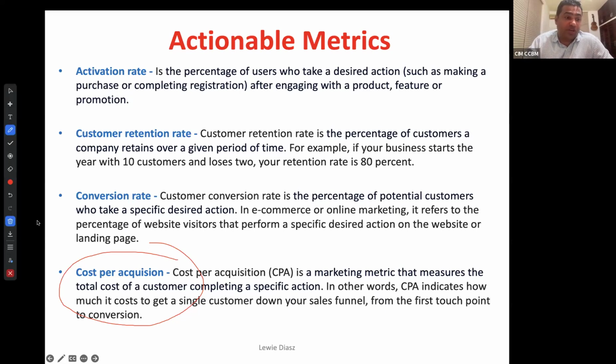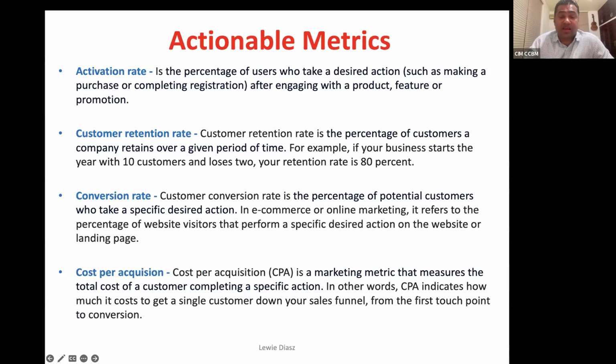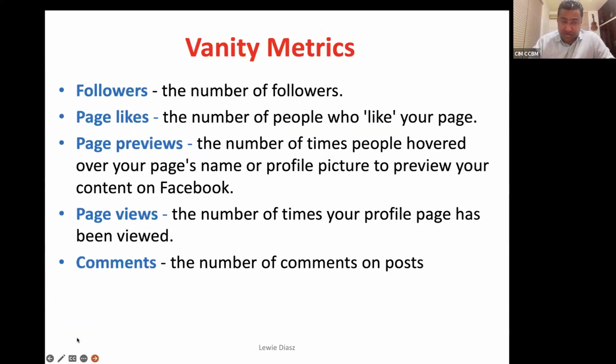If your acquisition cost per customer is very high, then your business is not doing too well. So these are some of the business actionable marketing metrics or measures. And then you have some vanity measures, digital marketing vanity measures, good to have measures from a digital standpoint. And that is the conclusion of assessment criteria 5.2.